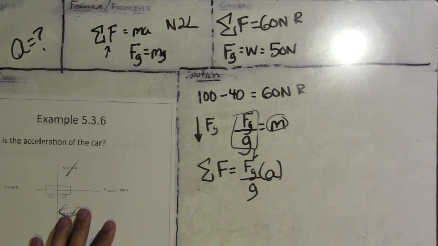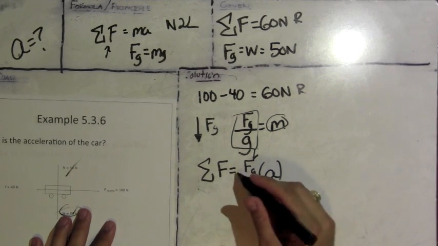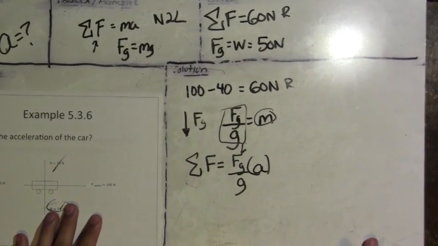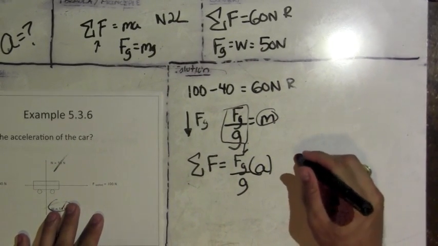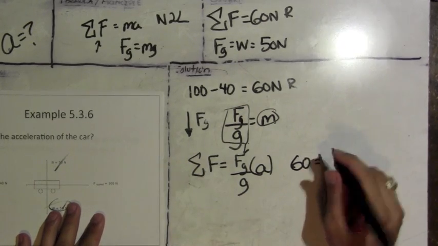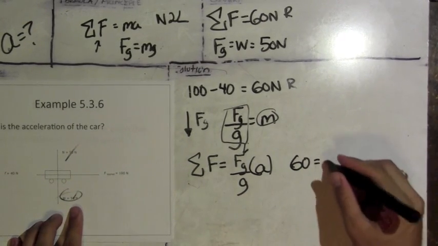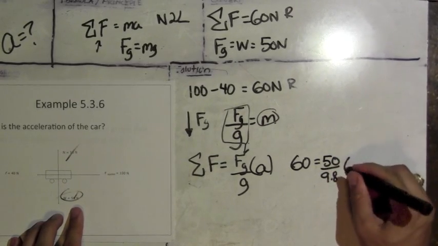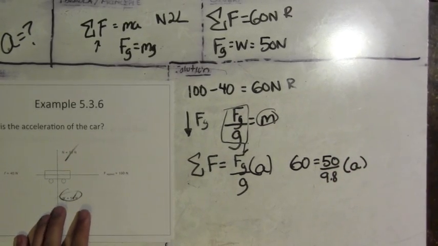So we can go ahead and take a look now, and we can say, I've got to move this over to the other side. Well, let's plug in our numbers first just to make it a little bit easier. So we have 60 newtons, which was the sum of our forces, is equal to the weight, which was 50 newtons, over 9.8 times the acceleration value.